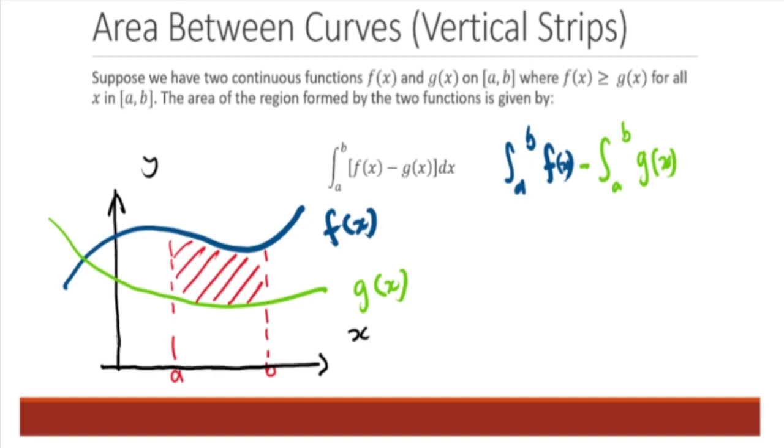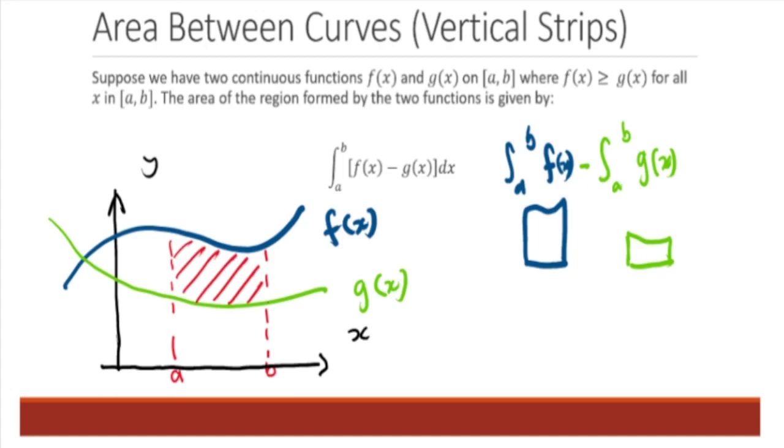Now, refer to this illustration. Technically, the first one would give us this area. And the second one will give us this area. But we want the red shaded area. So that is how it works.